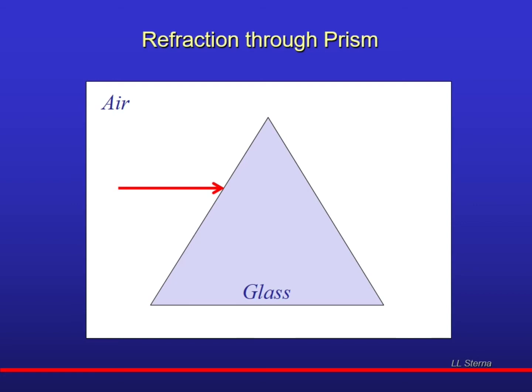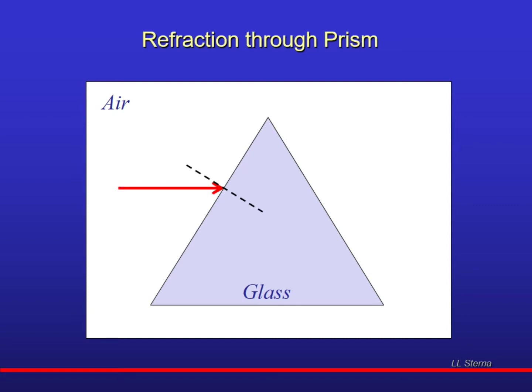If it speeds up, it moves away from the normal. So the first thing we want to do is figure out where the normal is on this prism. Now watch closely, because in the previous pictures, the boundary is typically horizontal, the normals are vertical, they're easy to see. But here is what the normal to the prism looks like.